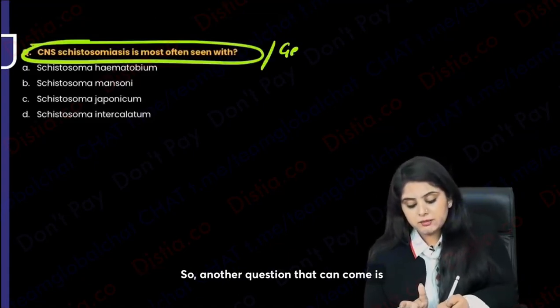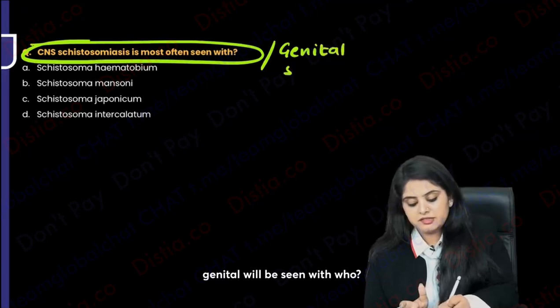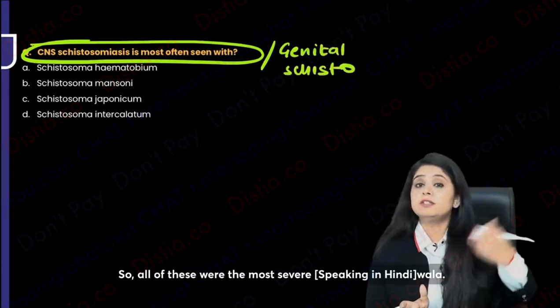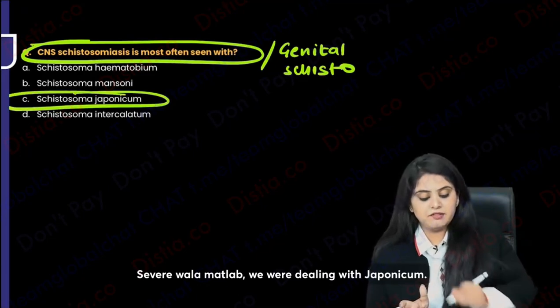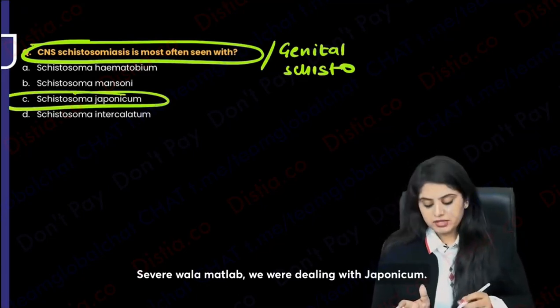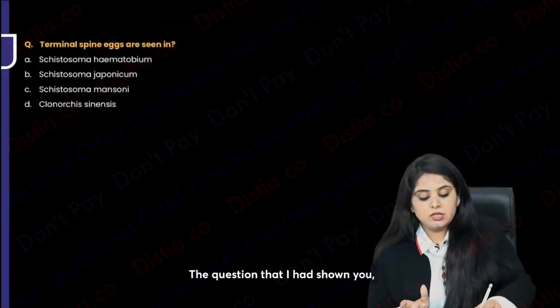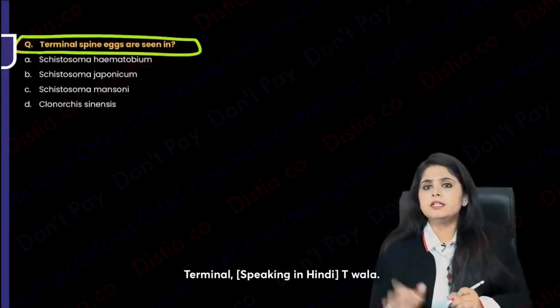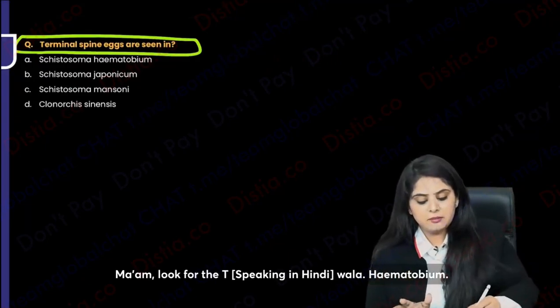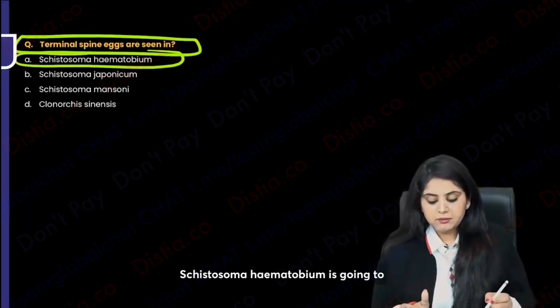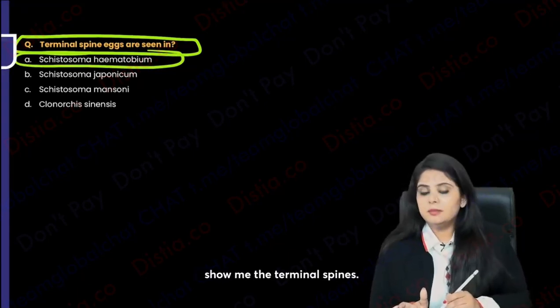Another question that can come is genital schistosomiasis will be seen with whom? So all of these were the more severe ones, and for severe we were dealing with, yes, japonicum. Yes, the question that I had shown you, terminal spinous eggs, look for the T, terminal, haematobium. Schistosoma haematobium is going to show me the terminal spines.